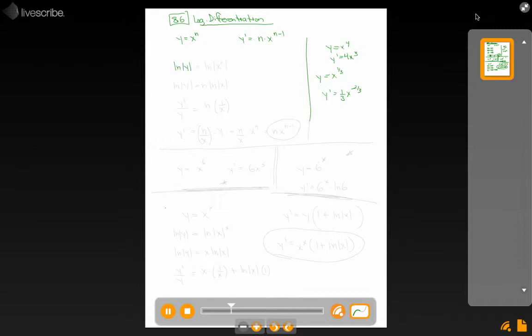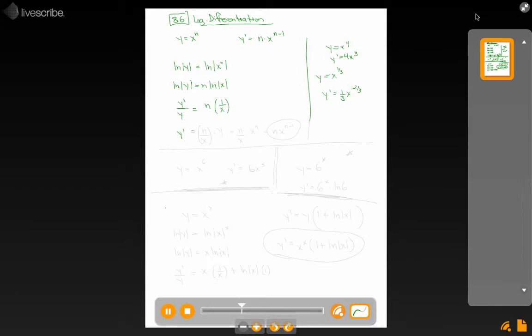If we say ln of y equals ln of x to the n, use our log rules to bring that power down front. And if I take the derivative, I've got y prime over y equals n times 1 over x.